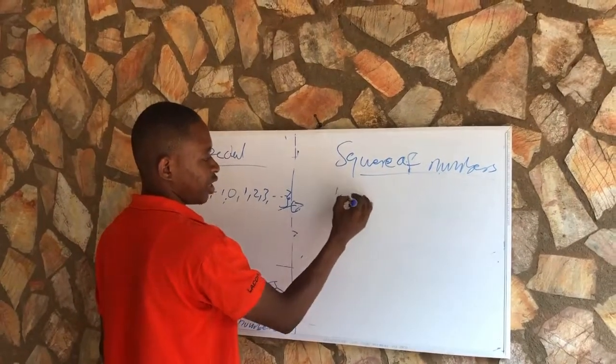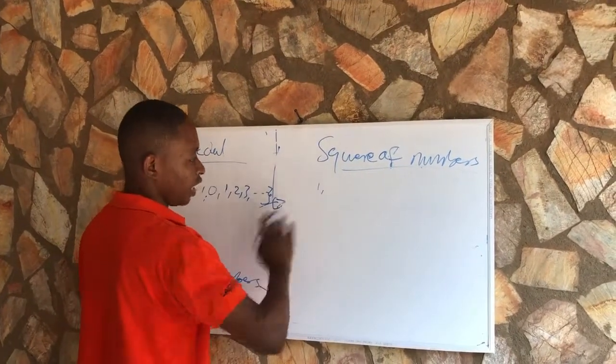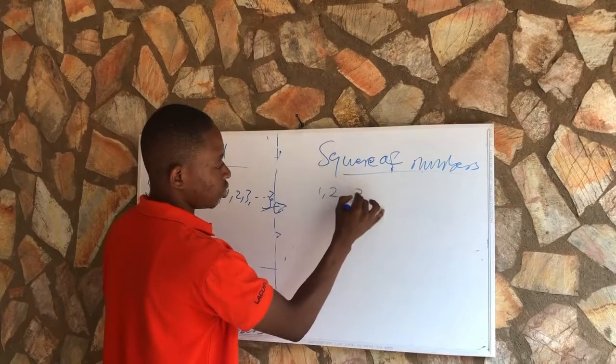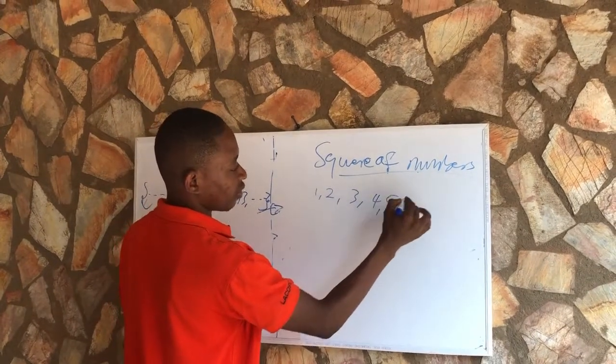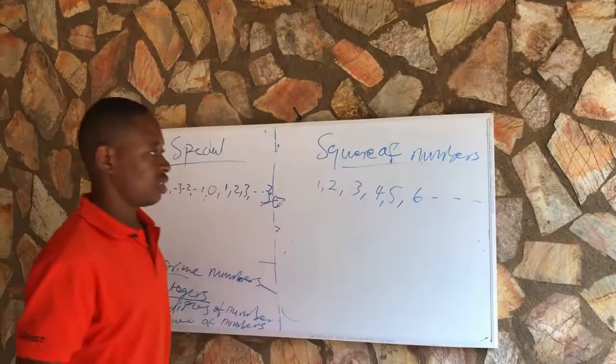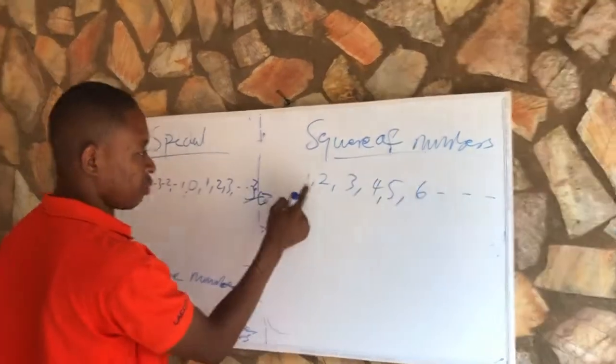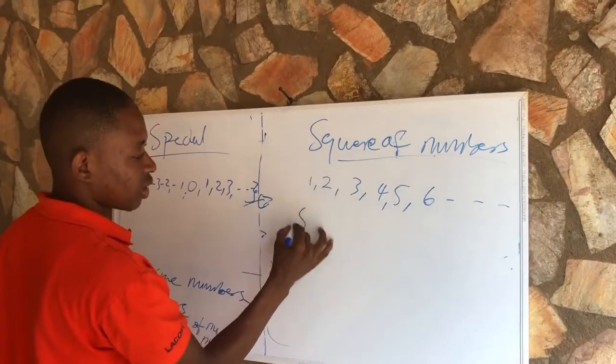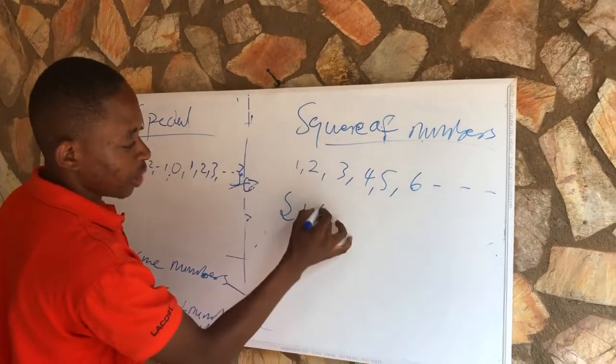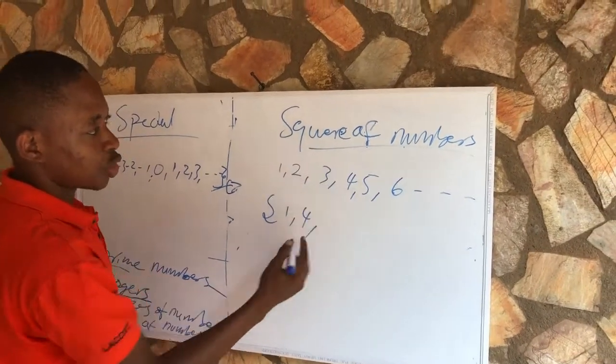Natural numbers start from 1 and go up to infinity: 2, 3, 4, 5, 6, up to infinity. So 1 squared is 1, 2 squared is 4, 3 squared.